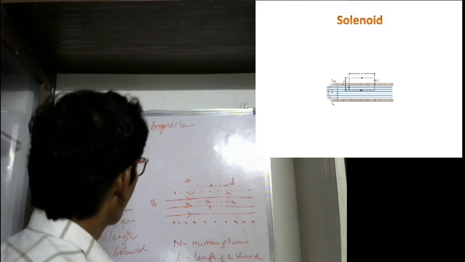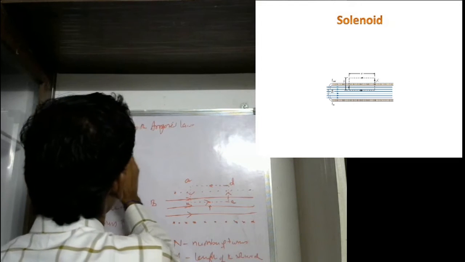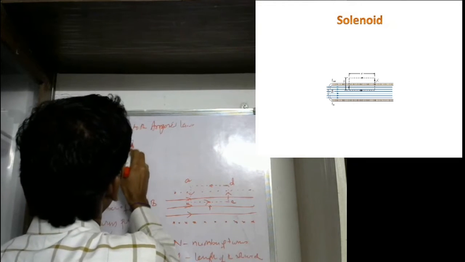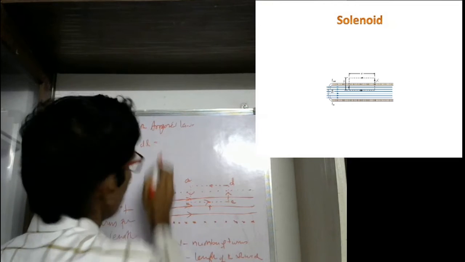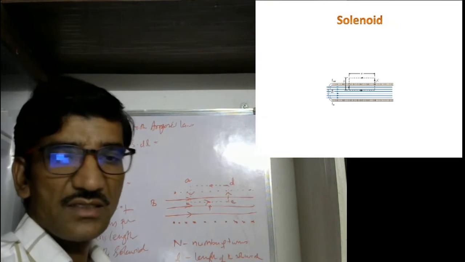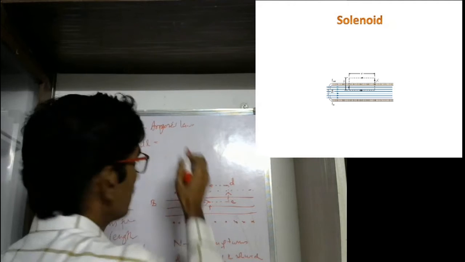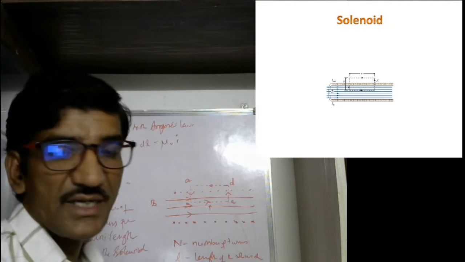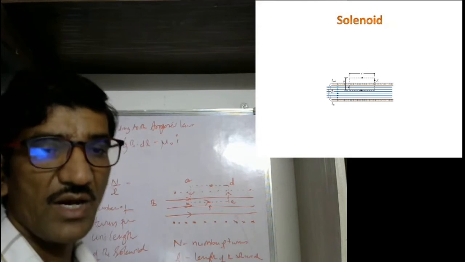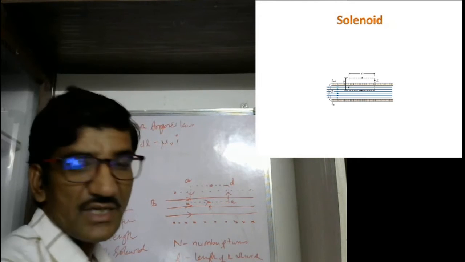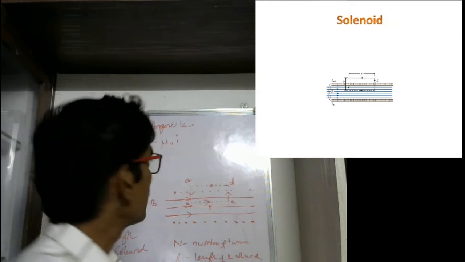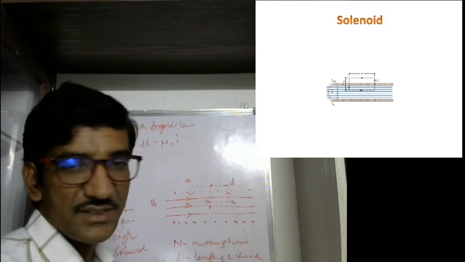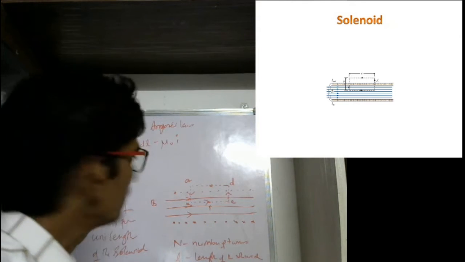According to Ampere's law, integral B dot dl is equal to mu naught I. See how much current is flowing through this solenoid? Small I, current. Without current, you have no induced magnetic field. Current is the source of the magnetic field.